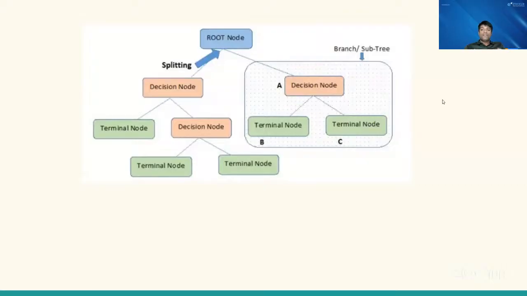Our tree structure is built based upon certain parameters, for example entropy, Gini index and so on. We will understand each concept one by one. Based upon certain aspects, how we have decision nodes or terminal nodes is what the decision tree tells you.